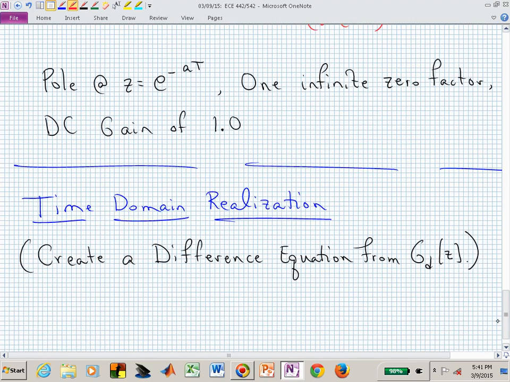Now that we have that, let's try to generate a difference equation that will implement this filter. That's in the frequency domain. We now want to generate something that we can number crunch on with a computer. Somebody gives us a string of data and they want it low pass filtered.